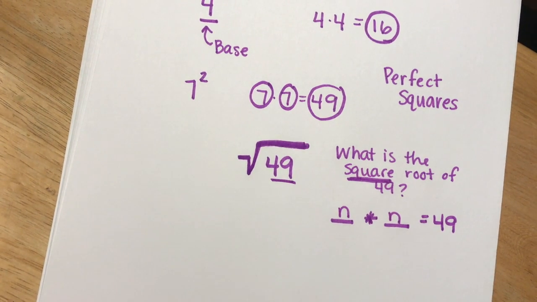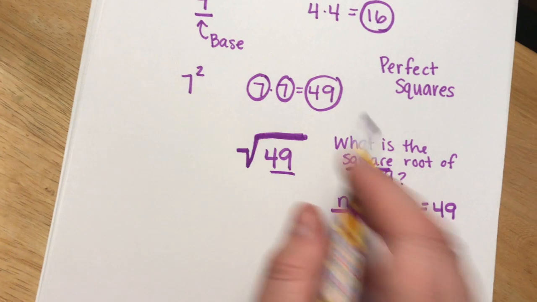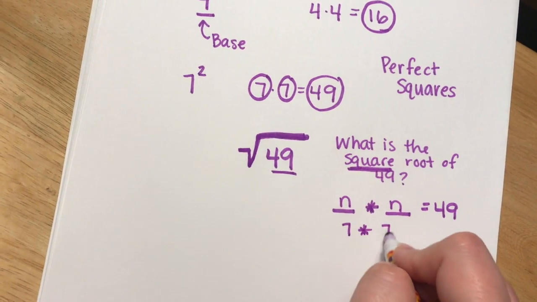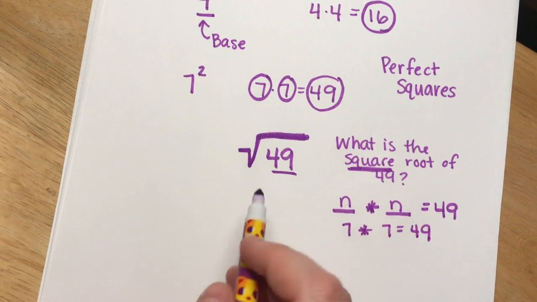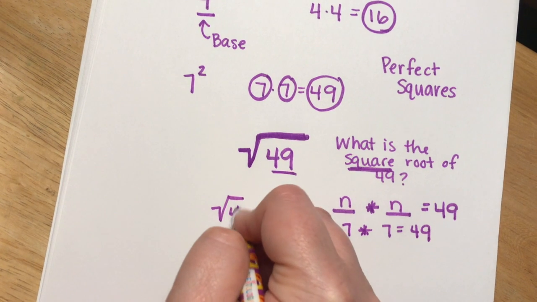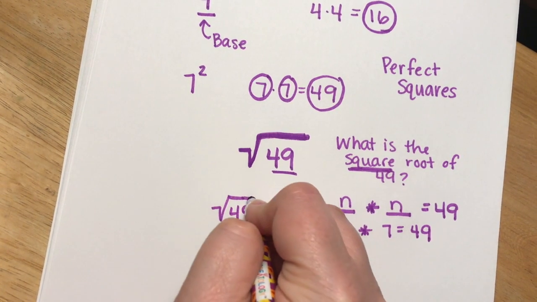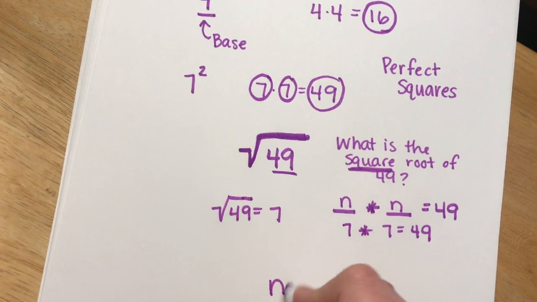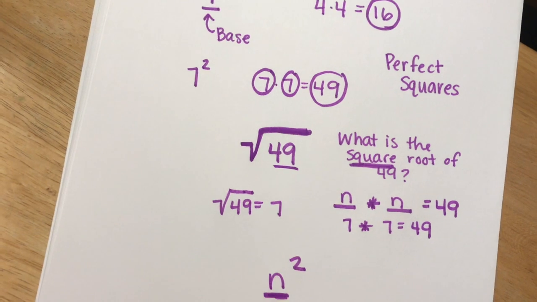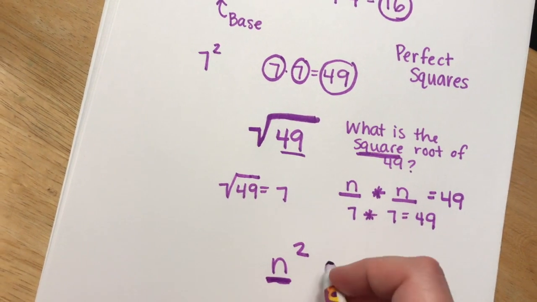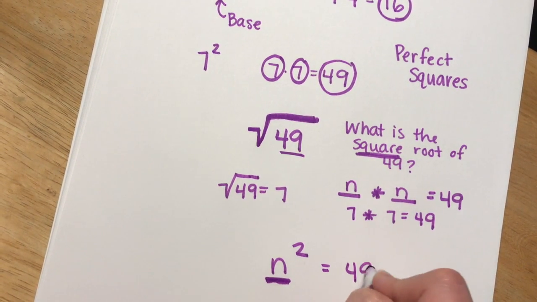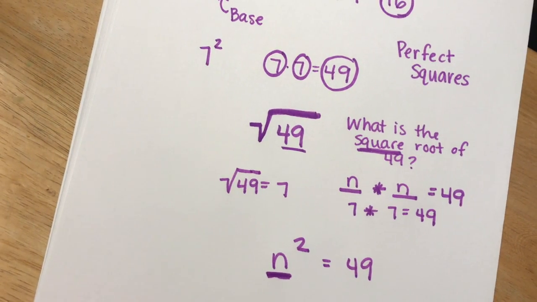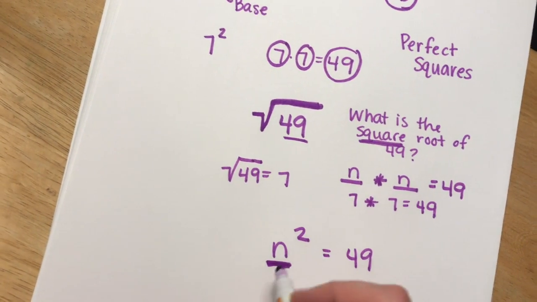So what number times itself gives you 49? In this case, we already know that the answer is 7. 7 times 7 equals 49, and so the square root of 49 equals 7. It's essentially saying get to the base number. If I have something squared, what is that base number if it equals 49? That's essentially what a square root is, okay?